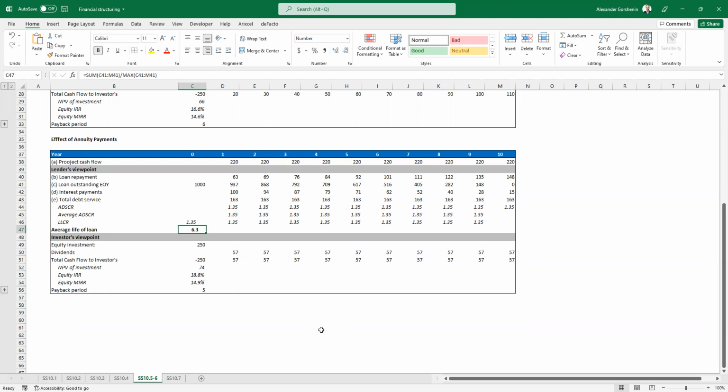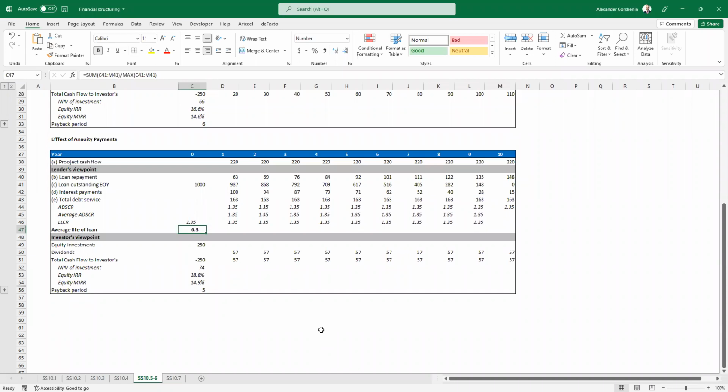If irregular cash flows are projected, the loan repayments can also be structured on an irregular schedule, such that the same level of ADSRs are maintained throughout the loan term.